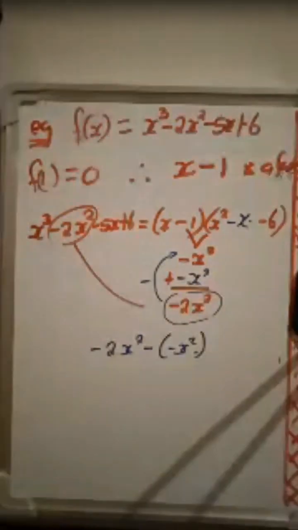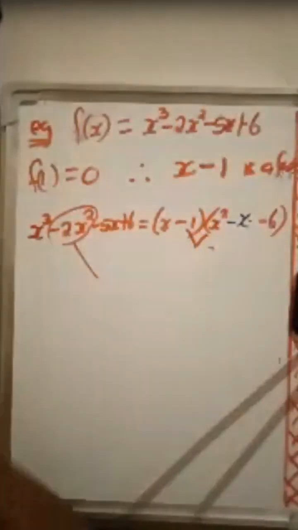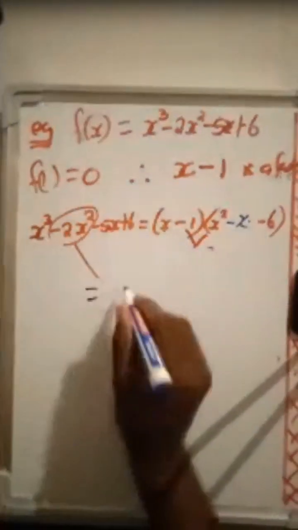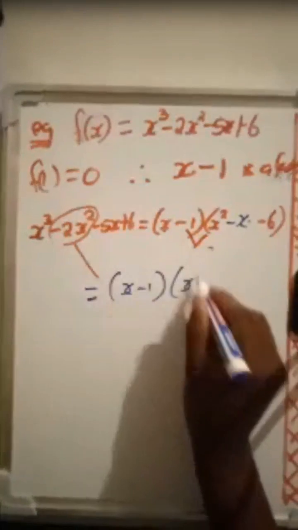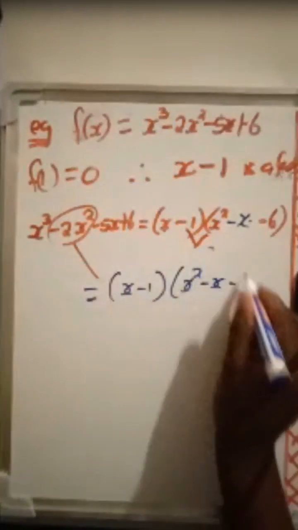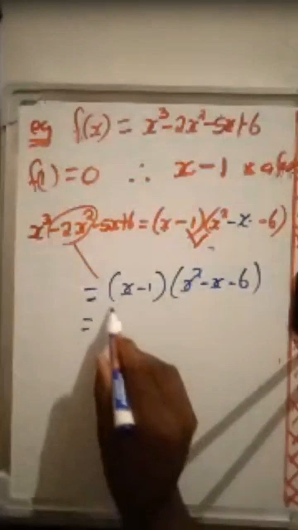Okay? So now, what does it mean? I'm going to rub here. What it means is that now this is going to be equal to x minus 1 in brackets, then x squared minus x minus 6. Right? So we can further factorize this.